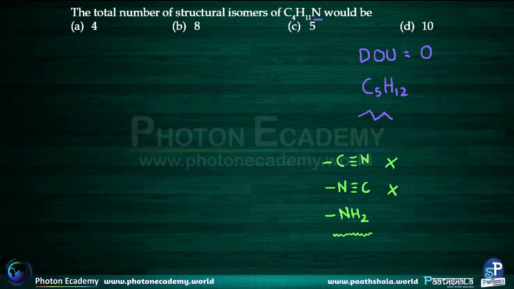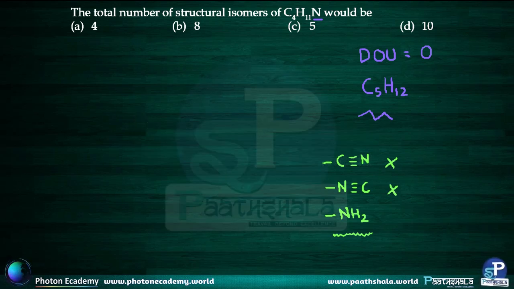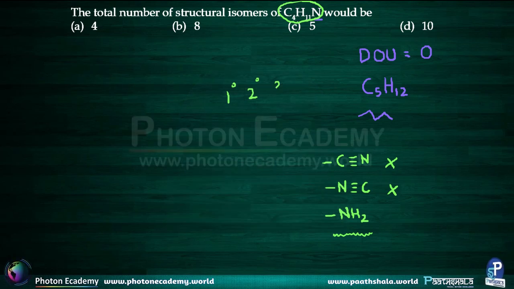So then we have to think about what amines we are able to make with this formula. As we know, there are three kinds of amines: 1 degree amine, 2 degree amine, and 3 degree amine. In 1 degree amine, the nitrogen atom is linked to one carbon atom and two hydrogen atoms.